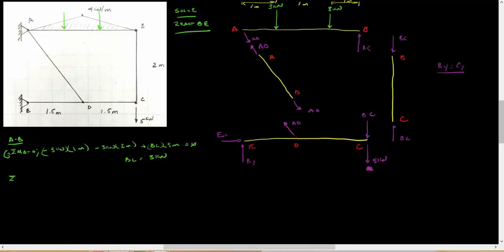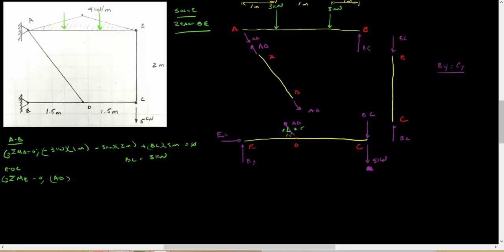Now if I sum my moment about point E, looking at member EDC, I am going to get AD. Now when we looked at AD, we can say that this is going to be a 1.5 to 2.5. You could also look at it as a 3, 4, 5 triangle, but I'm going to use the 2 and 2.5.